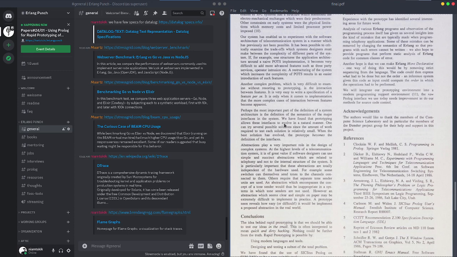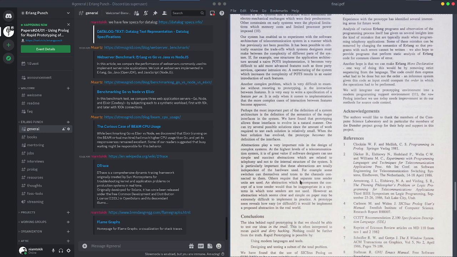Abstraction plays a very important role in the design of complex systems. At the highest level of a telecommunication system, it is of great value if software designers can use simple and succinct abstractions which are related to telephony and not to the internal structure of the system. It is particularly important that these abstractions are totally independent of the hardware used. For example, some switches can themselves send tones to the channel connected to them.